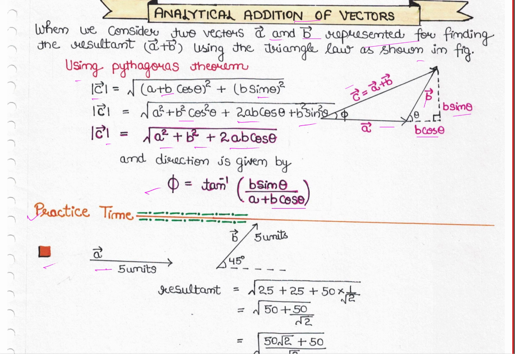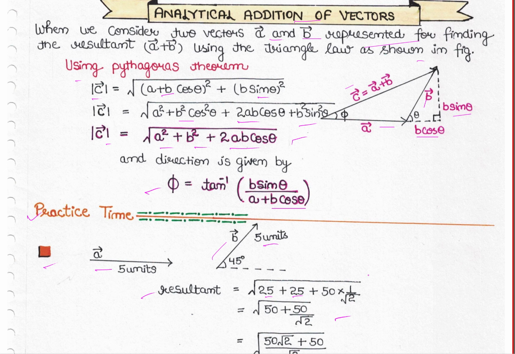If this is our A vector which has a 5 units length, and this is our B vector having 5 units length and a 45 degree angle between A and B. So for the resultant vector, using the law, we can write square root of A square, that is 25, plus B square, that is 25, plus 2AB cos theta, that is 50 into 1 by square root of 2.